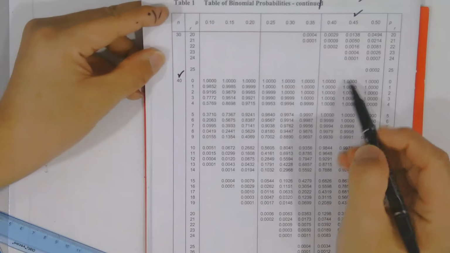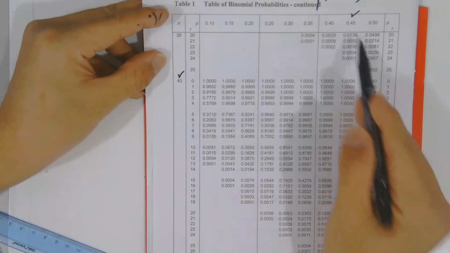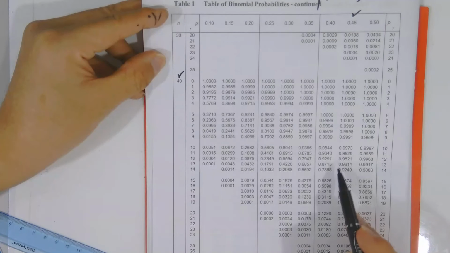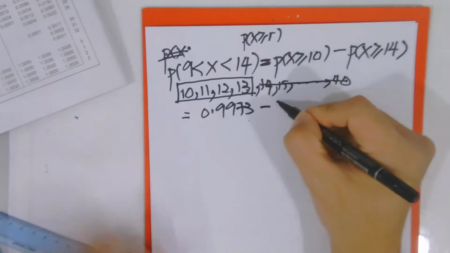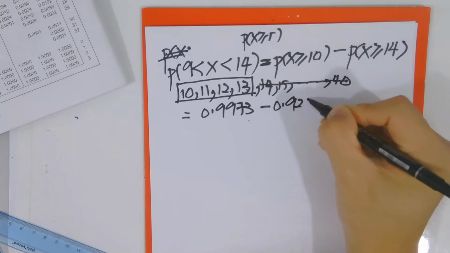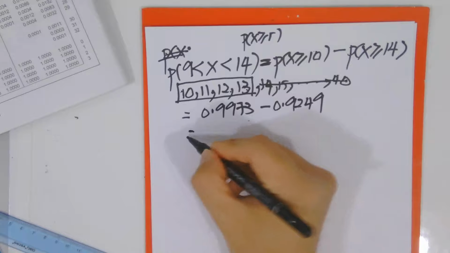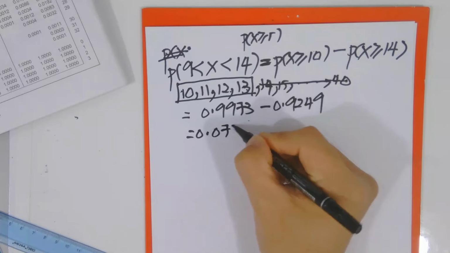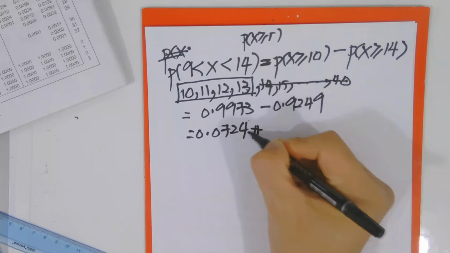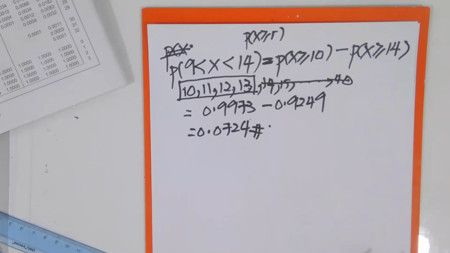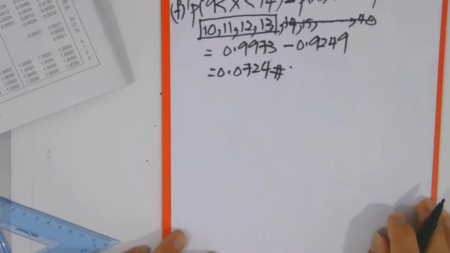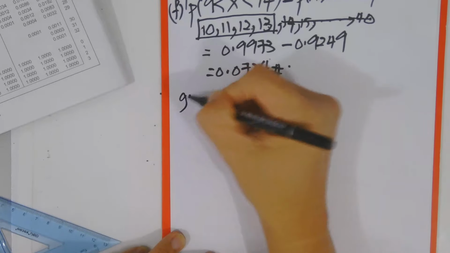So you find here 40, 0.45, at least 14, which is 0.9249. If you subtract this value, you have 0.0724. As easy as that. By now, I hope you already understand what is meant by using the statistical table. Okay, you can try more examples.